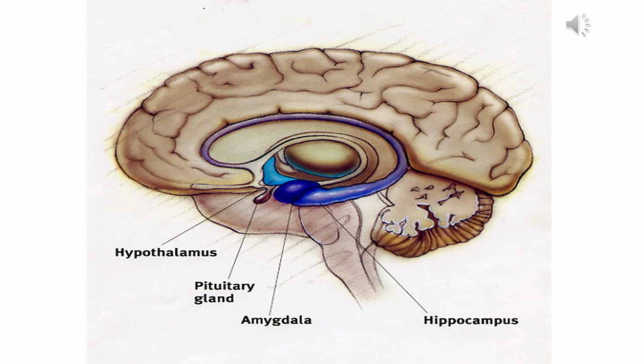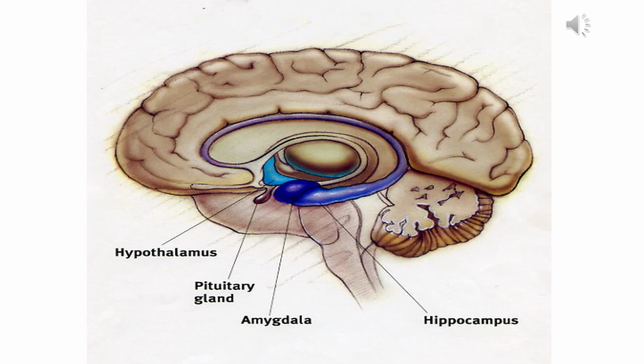So the other limbic system structures that are shown there, the amygdala, remember the amygdala is particularly associated with the emotion of fear. The way that we know that is if a person has a damaged or diseased amygdala, they lose their sense of fear.